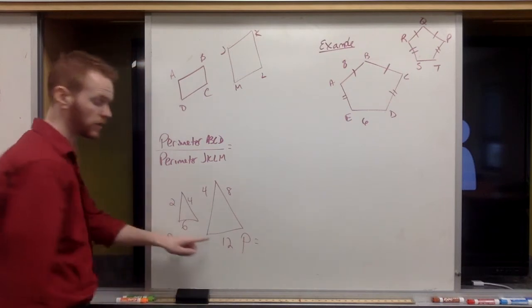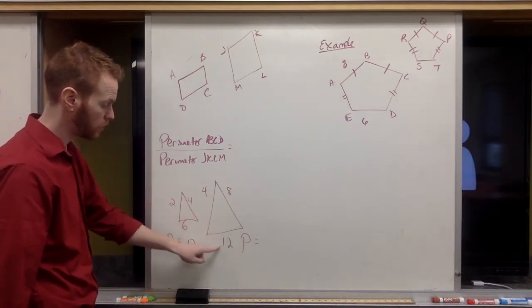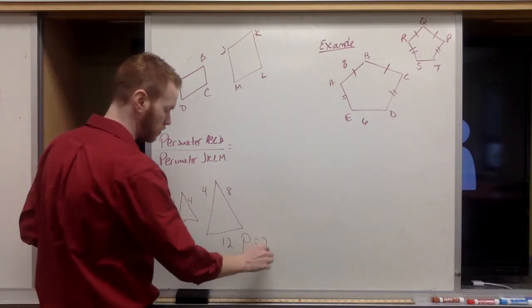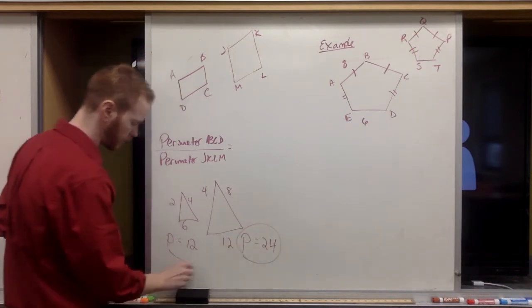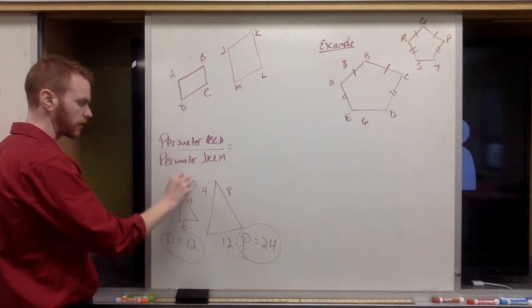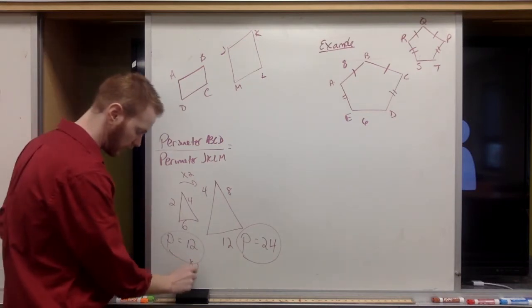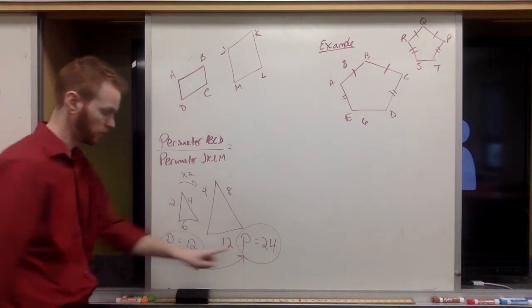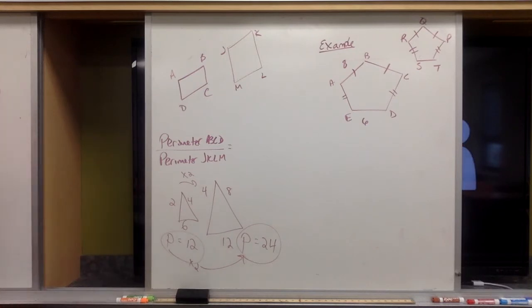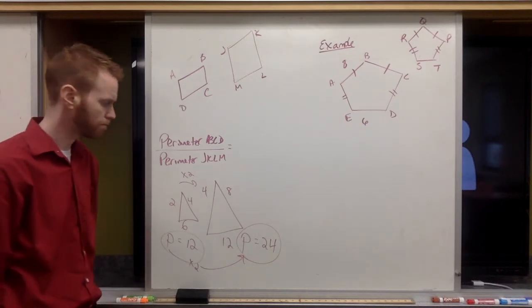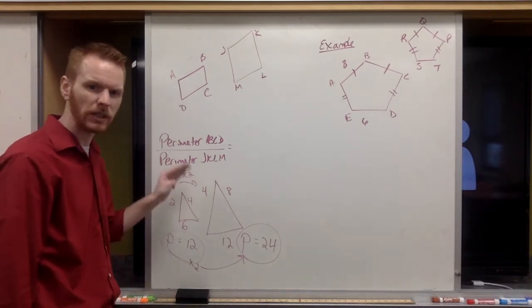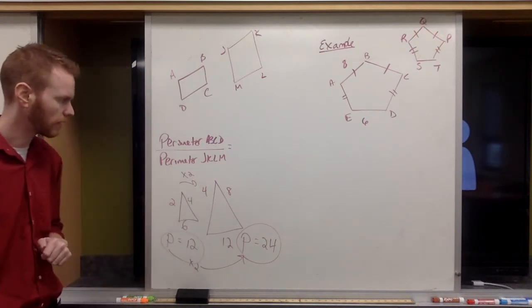The perimeter of this guy over here, 8 and 12 is 20, plus 4 is 24. Now look at this. My scale factor is 2, right? I just established that. If I multiply my perimeter by 2, I get the other triangle's perimeter. Just by a basic example, we can see that this relationship is working.